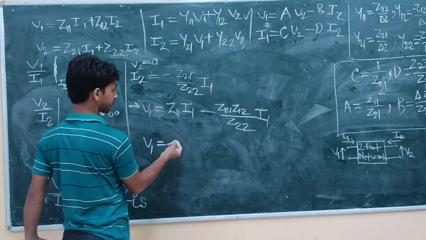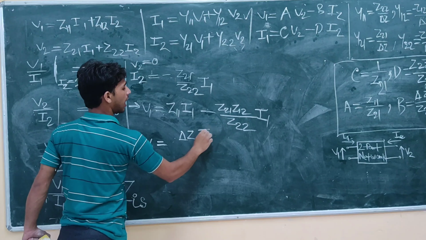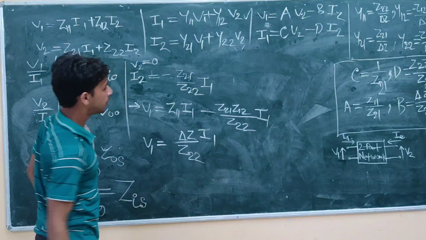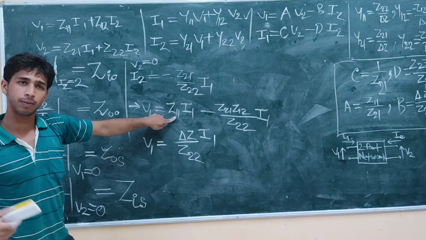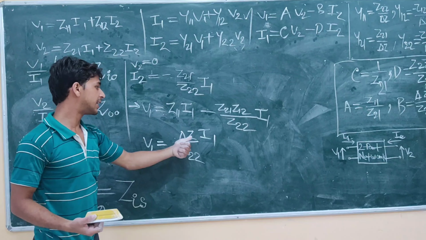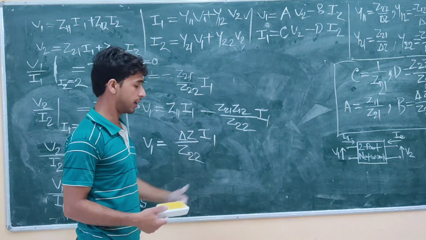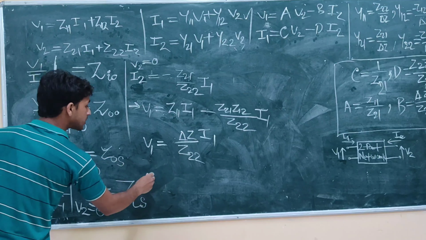Now let's do this math. V1 is nothing but delta Z I1 divided by Z22, because this Z22 Z11 multiplied, and we know this delta Z is Z11 Z22 minus Z21 Z12, and we have I1. So we have V1 equals to this.